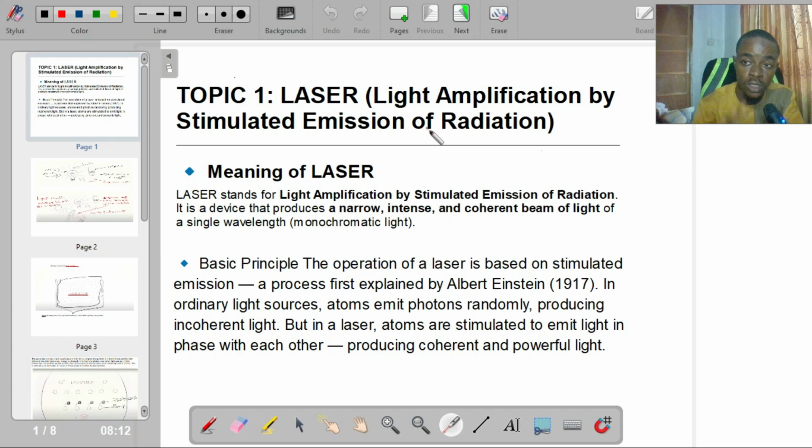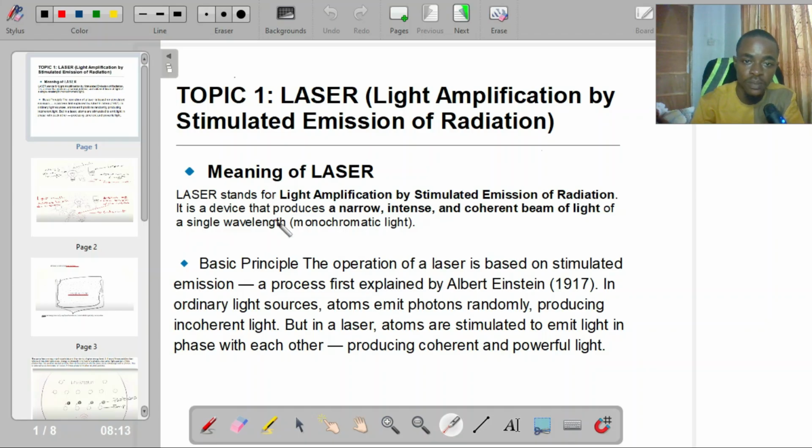So we are going to look at what all this really stands for, and why this is a lot of grammar. But seriously, it is very easy and simple to understand. So when you are asked the meaning of laser, you just tell them it stands for light amplification by stimulated emission of radiation.